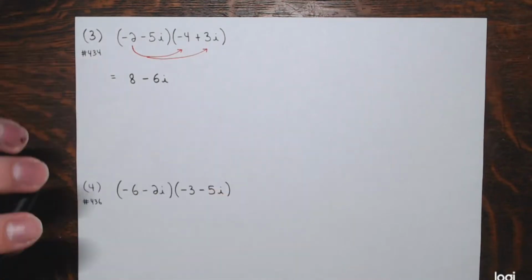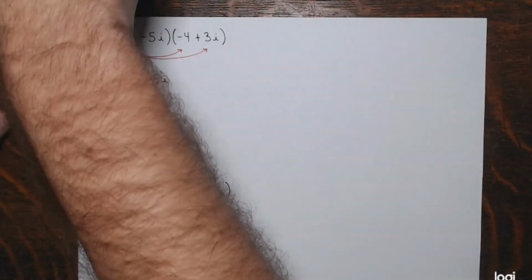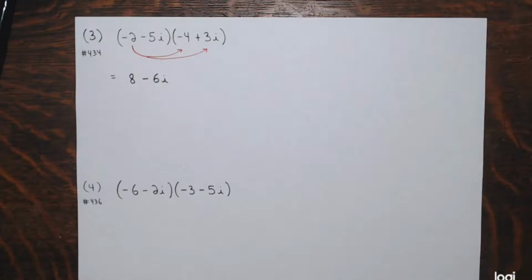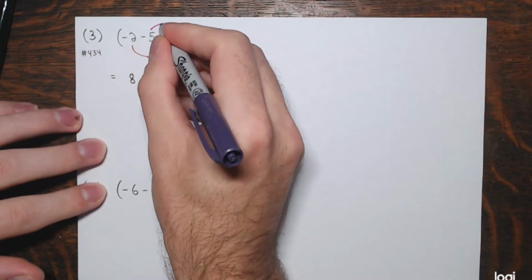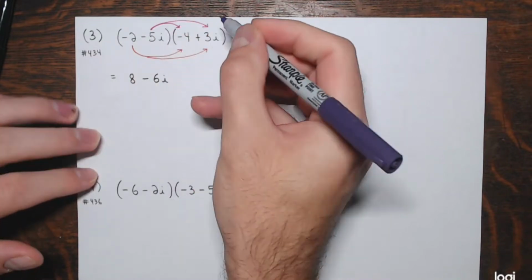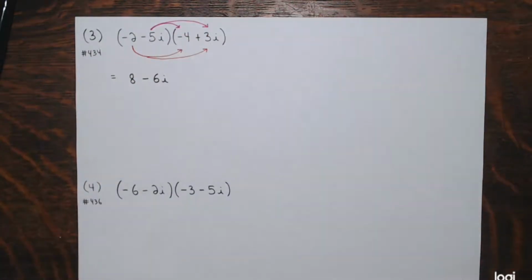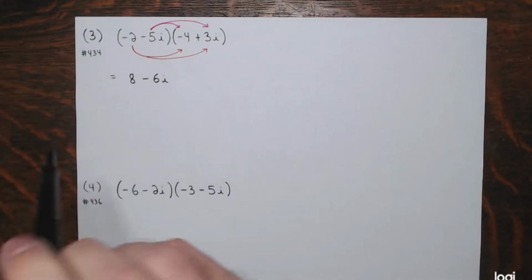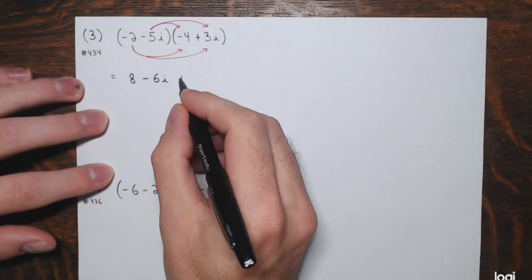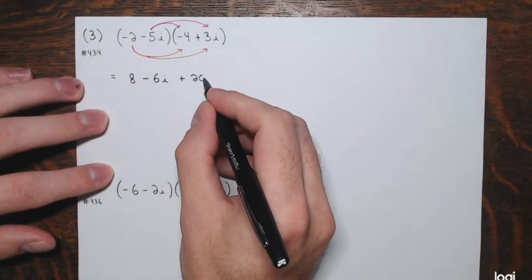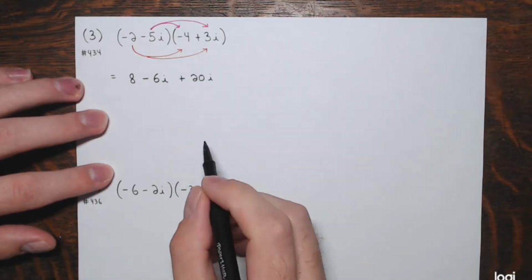Alright. Now I'm done with the negative 2. Move over to the negative 5i, and distribute that. Negative 5i times negative 4 would be positive 20i for the next term.